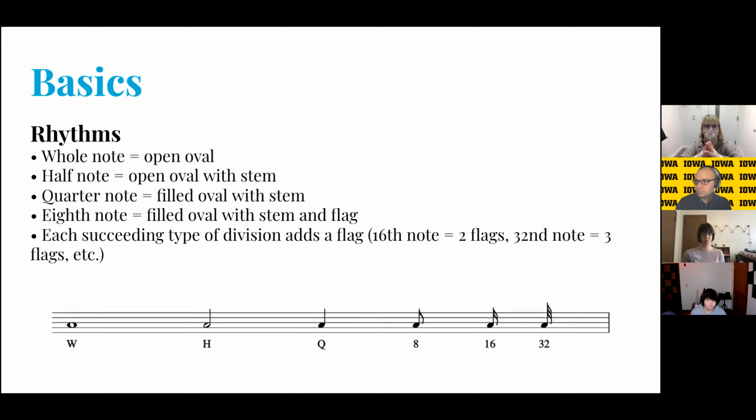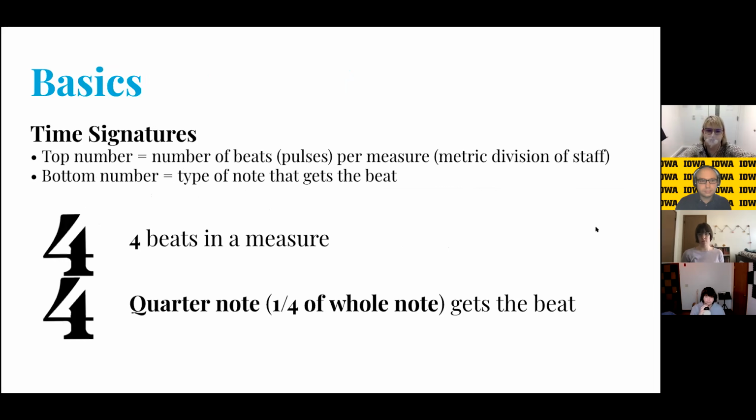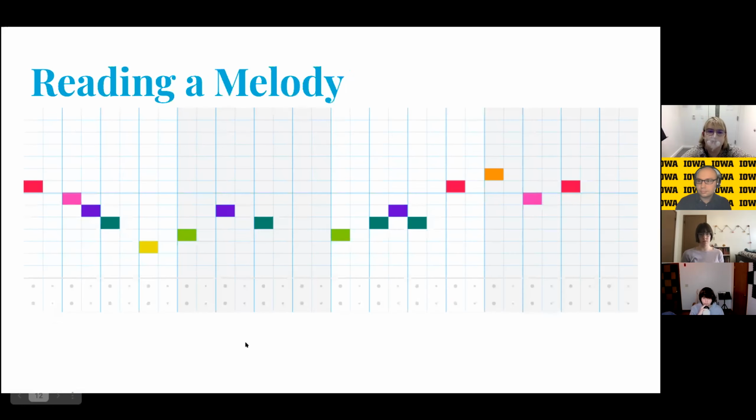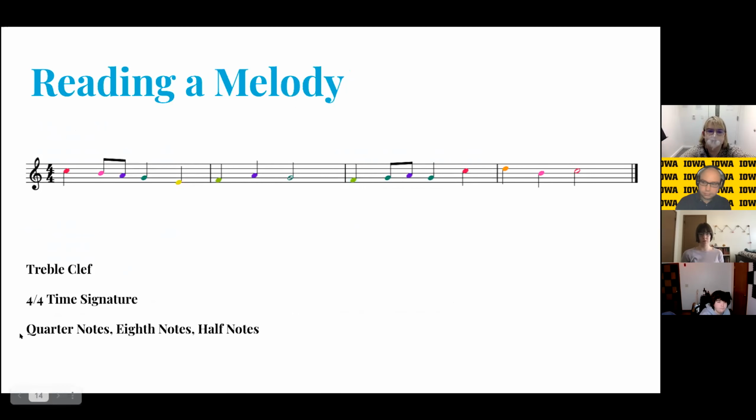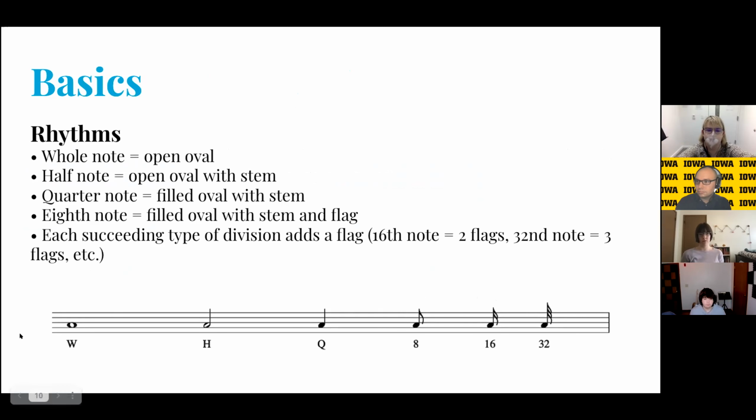So now we're going to move on to rhythms. Wait, go back. Go back. Nope, go back. There we go. So you'll notice here is kind of an open oval symbol. We call that a whole note.